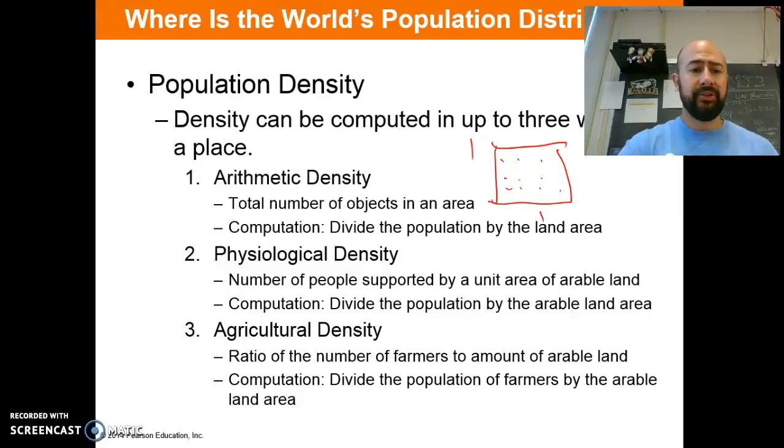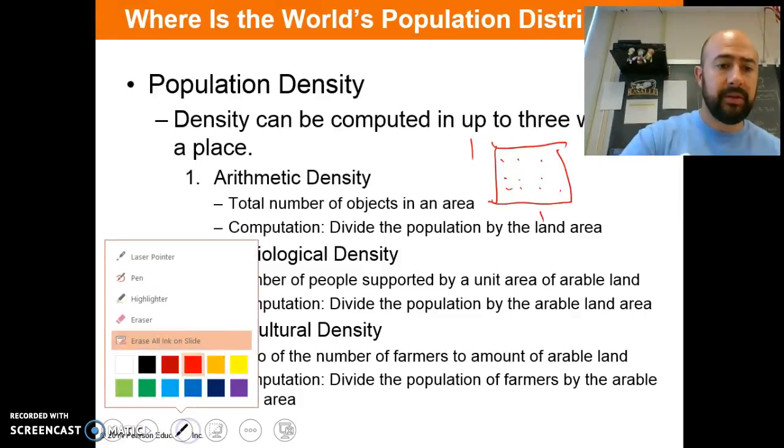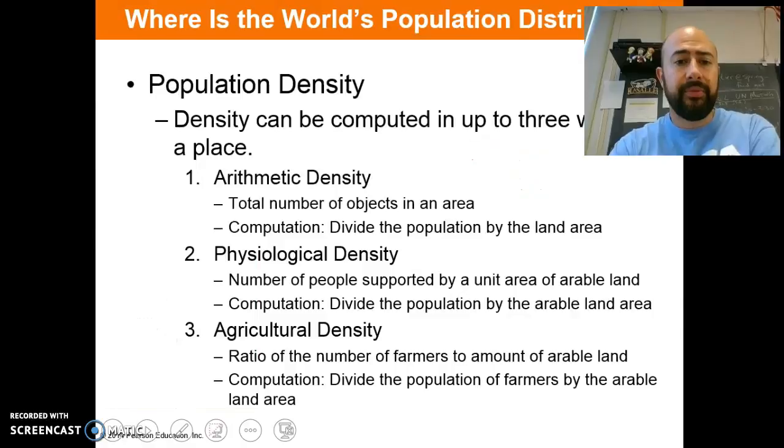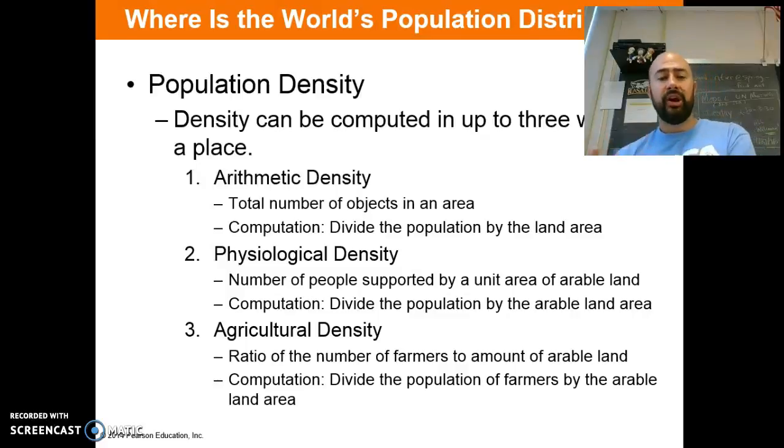Okay. Physiological density is the number of people supported by an area of arable land. So we would look at the amount of arable land and the actual people that live on it. If there are a lot of people living in an area with very little arable land, we would say that's very high physiological density.